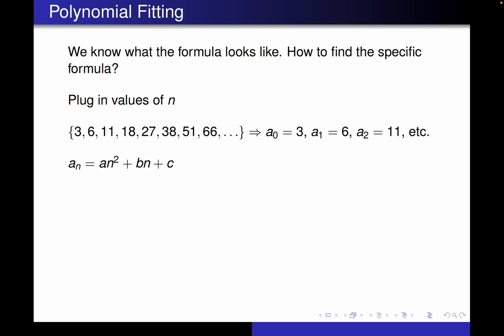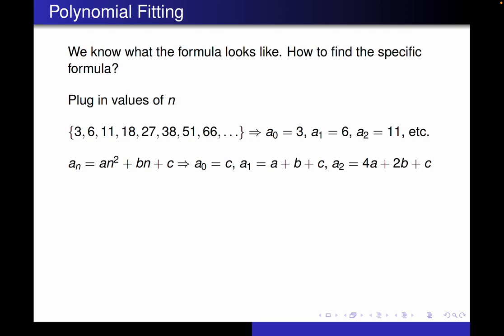Our formula is a_n equals an squared plus bn plus c. If we plug in n equals 0, we get a0 equals c. If we plug in 1, we get a1 equals a plus b plus c. If we plug in n equals 2, we get a2 equals 4a plus 2b plus c.